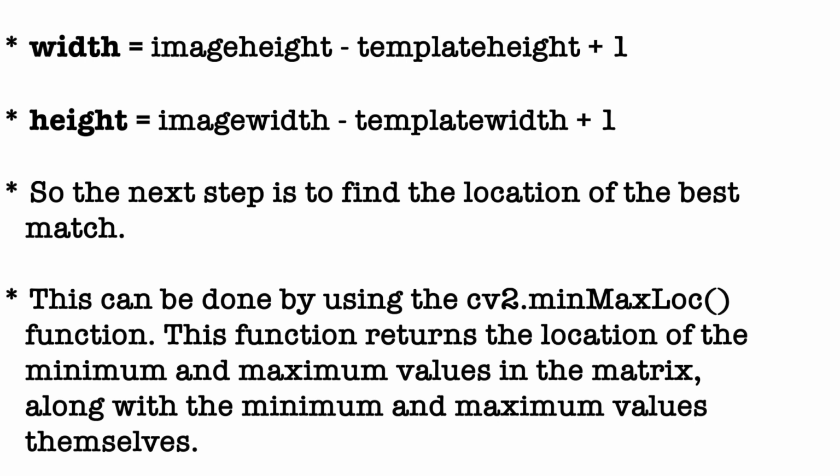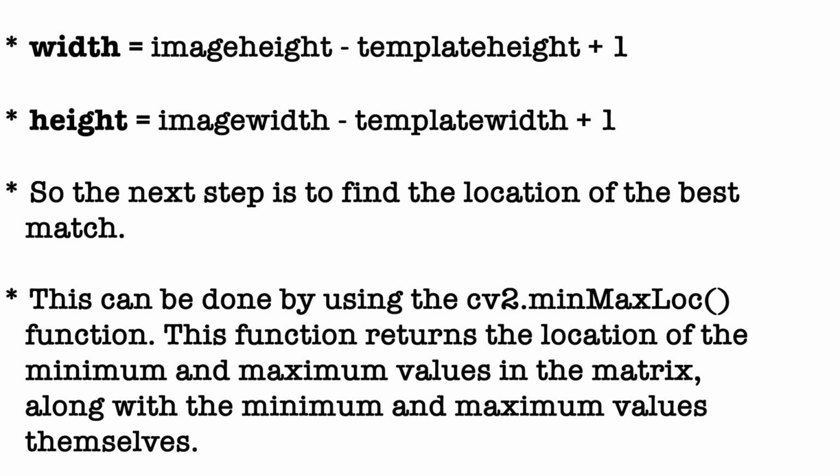These are the basic matrix width and height for a template that you are going to match with the original image. The next step is to find the location of the best match in the input image. This can be done using the cv2.minMaxLoc function.